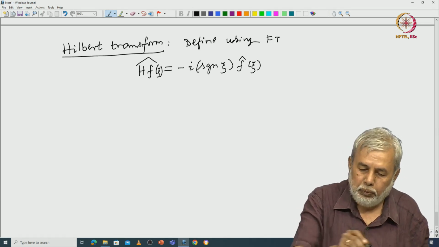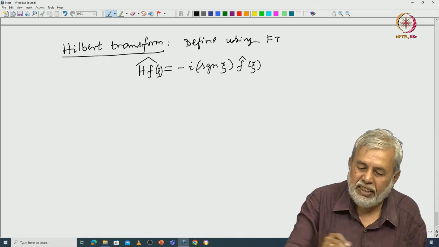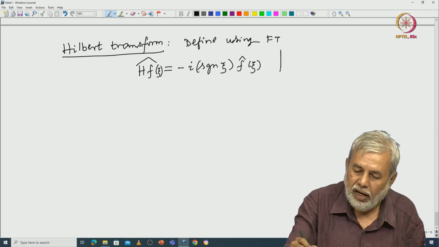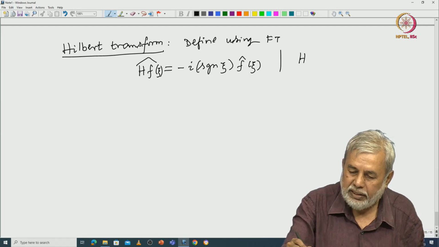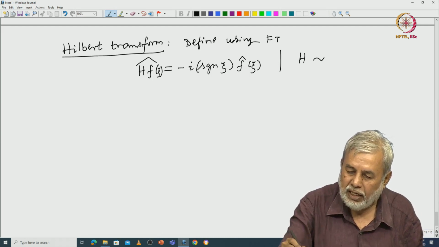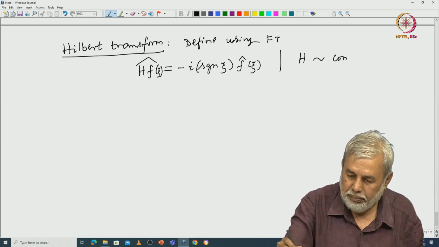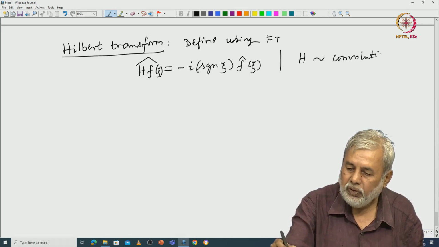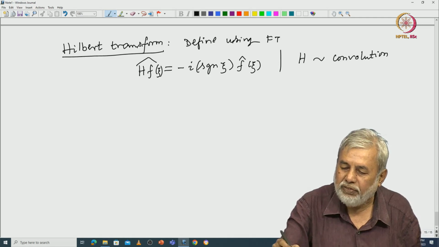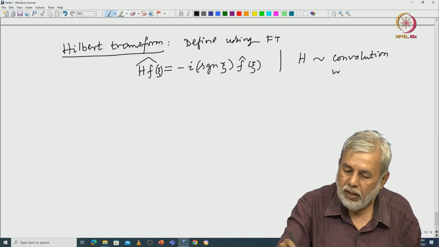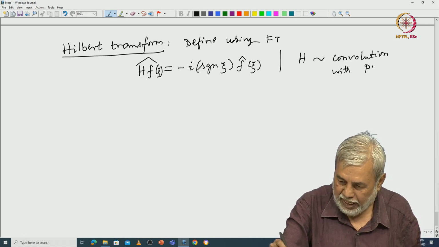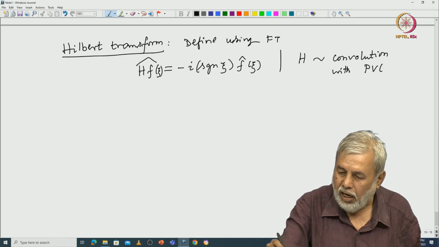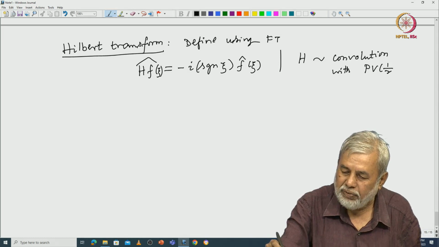If you define this H without the Fourier transform, it is convolution with this singular function, which we have studied in detail in the first part of this course.